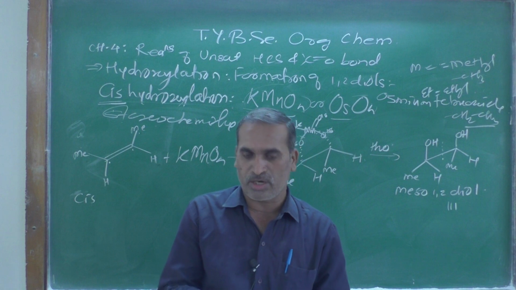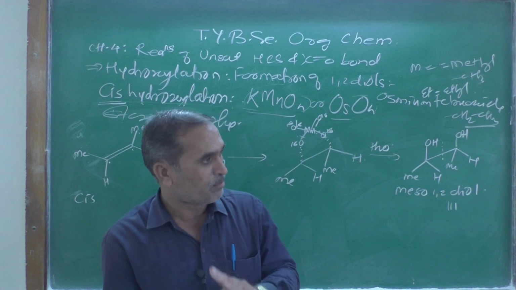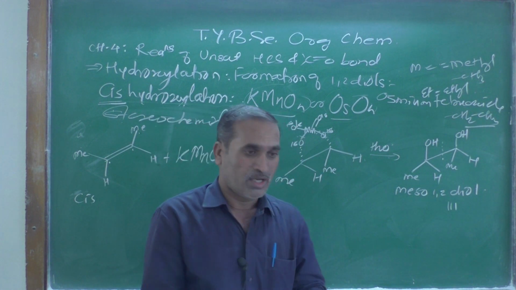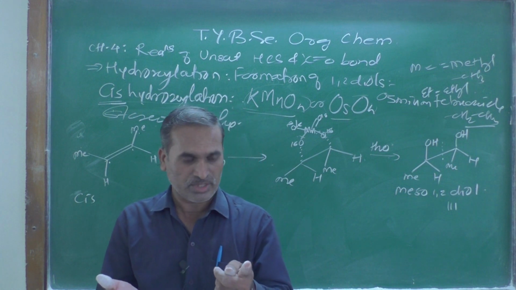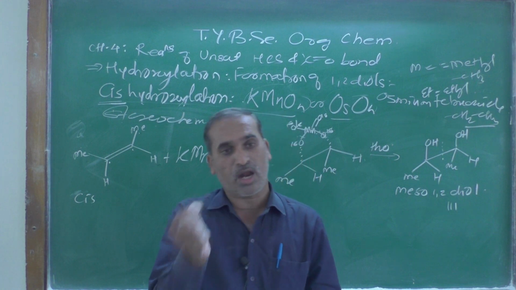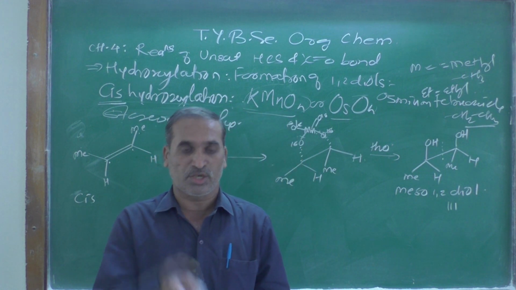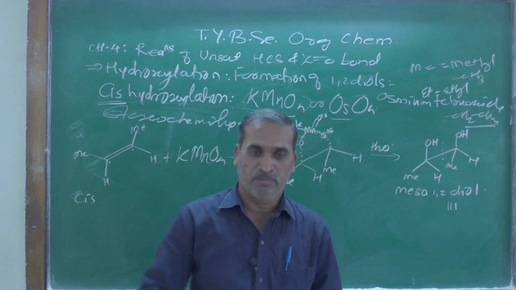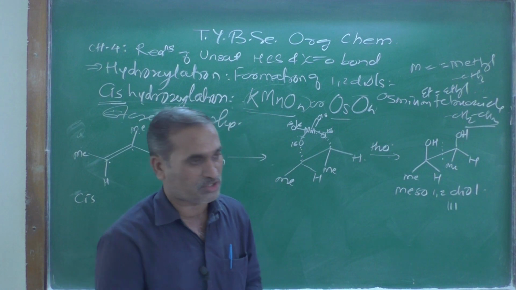First one is the dotted formula or Wedge formula. Second one is the Sawhorse or Andrun formula. Number 3 is the Newman projection formula. Number 4 is the Fischer projection formula.